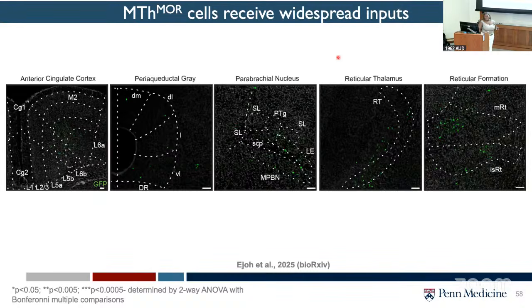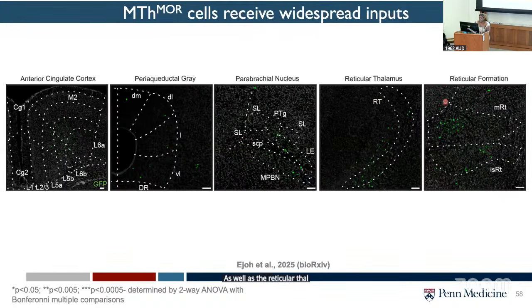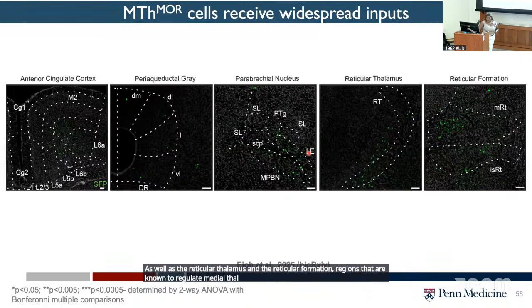Here are some representative images of inputs from specific areas in the brain: the anterior cingulate cortex, the periaqueductal gray, and the PBN. These are regions heavily involved in nociceptive processing, as well as the reticular thalamus and the reticular formation, regions that are known to regulate medial thalamic function.